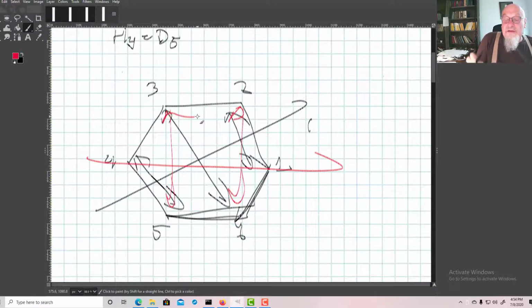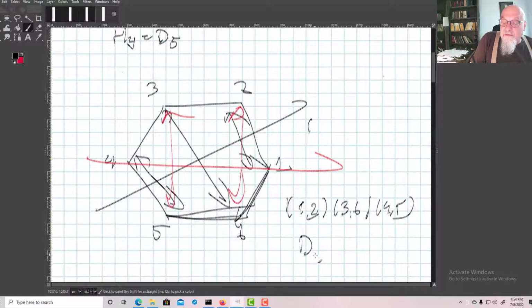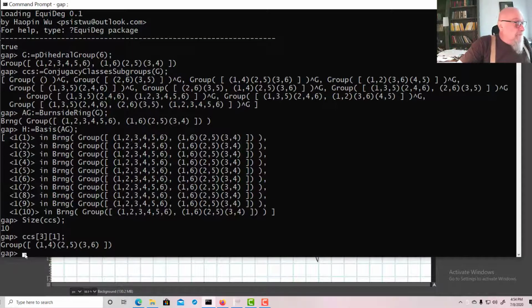So definitely this reflection generates the subgroup. So let's write it down. 1, 2, and 3, 6, and 4, 5 generates the group D1 tilde. So this is D1 tilde. Very good.